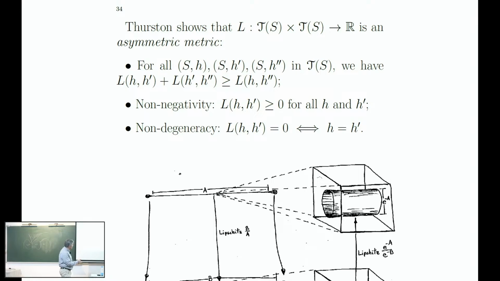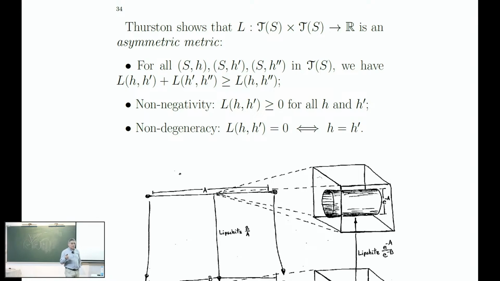The non-degeneracy also: if the distance between two points is 0, then the points must be the same. And this is the triangle inequality. What is missing is just that the distance between h and h prime is equal to the distance between h prime and h.